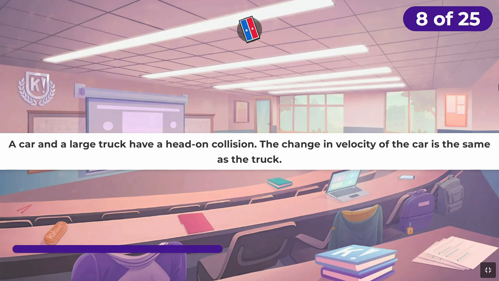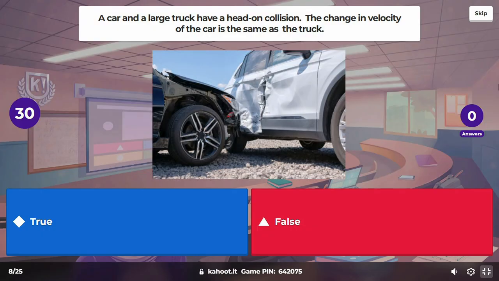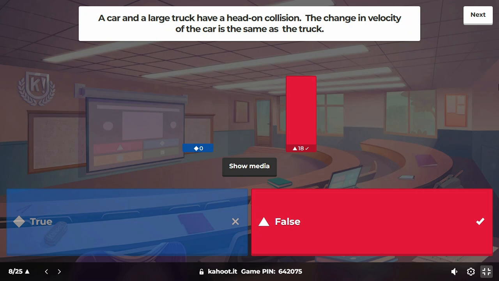So let's revisit that car and large truck having a head-on collision. And now we're asking for the change in velocity of the car in comparison to the truck. So is it the same change in velocity as the truck? Right.